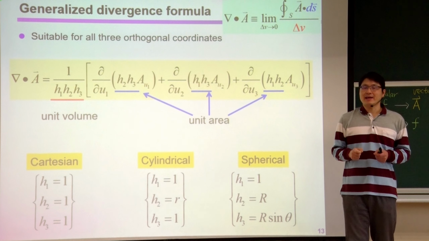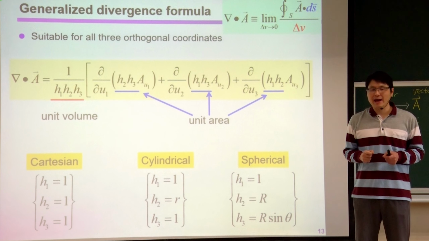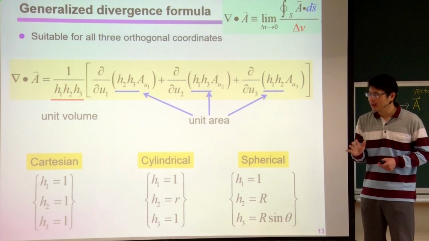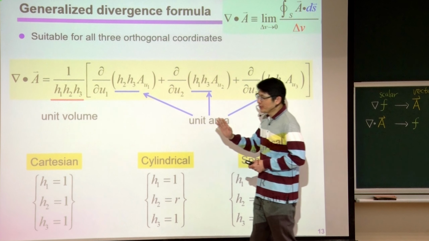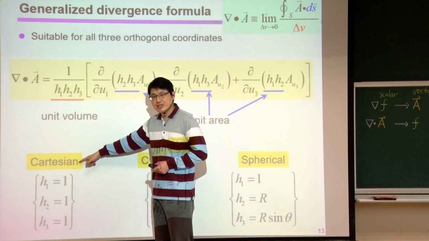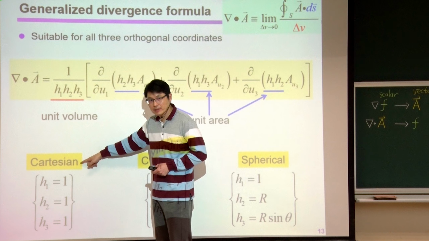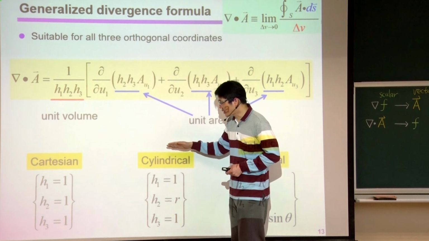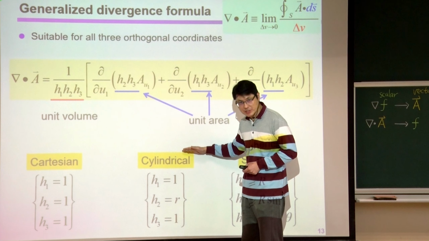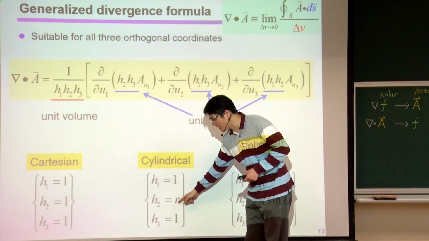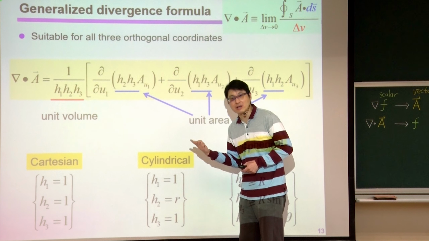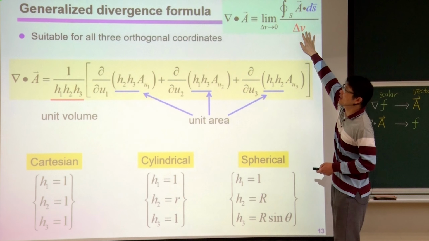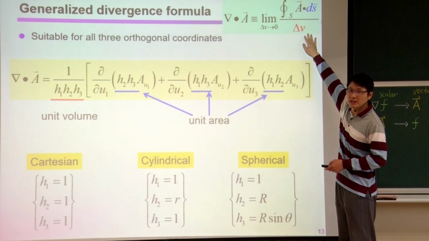So as a test and as an act of confirmation, when you go back home, you don't really need to repeat the derivation of divergence in Cartesian coordinate, but you might want to start with cylindrical coordinate first because it's easier. Only h2 has the arc. Try to derive on your own based on this definition.